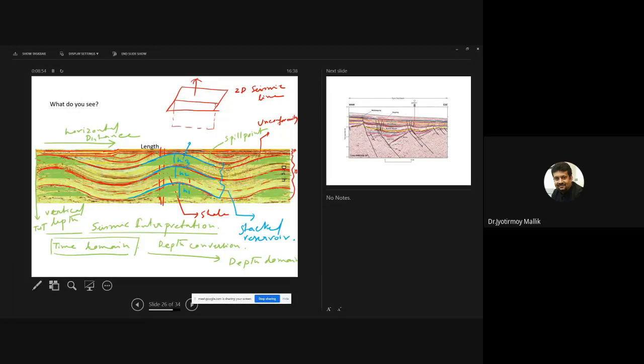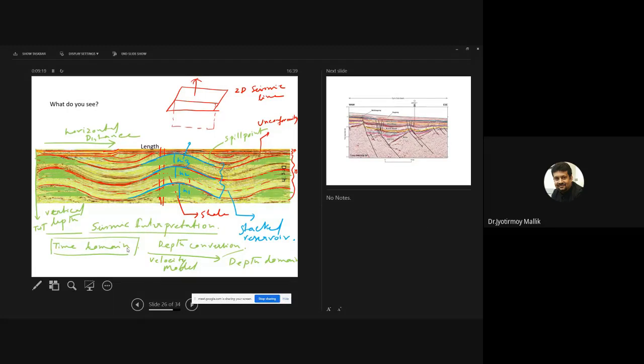And to convert a time domain image to a depth domain image, we need a velocity model. What is a velocity model? A velocity model is the distribution of velocity against depth, how at each depth the velocity is changing.